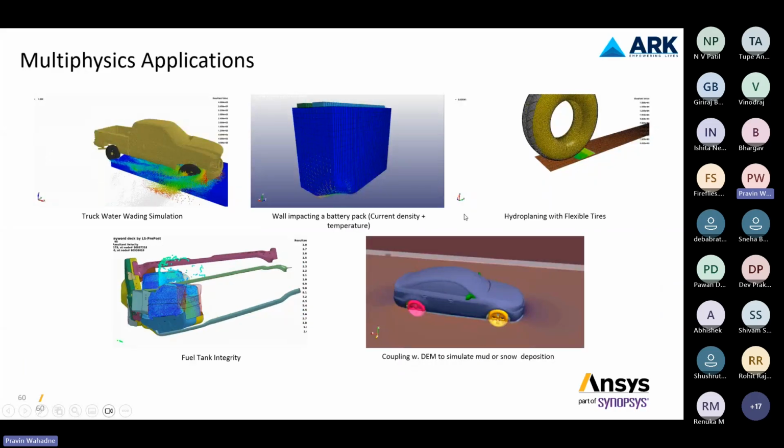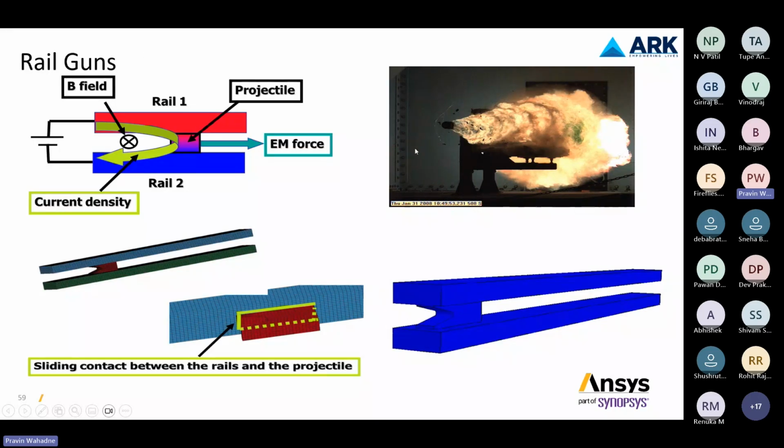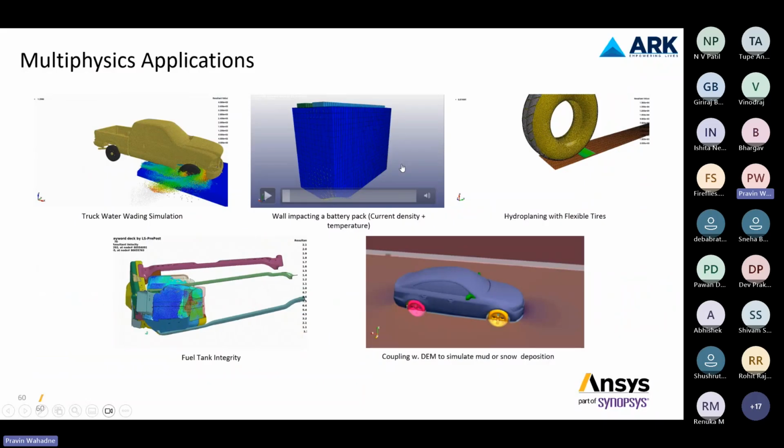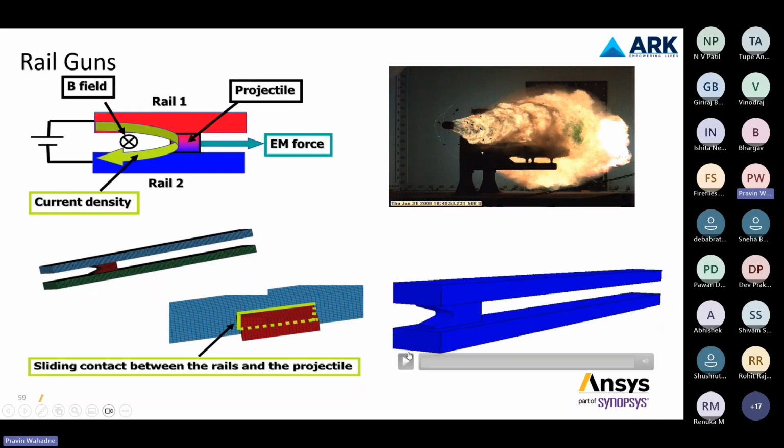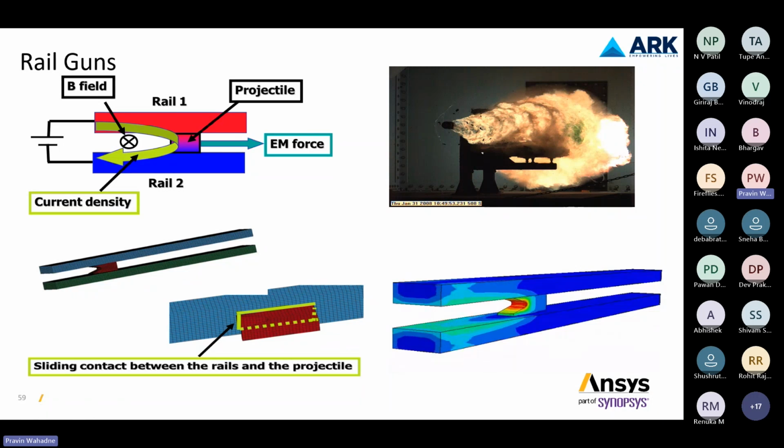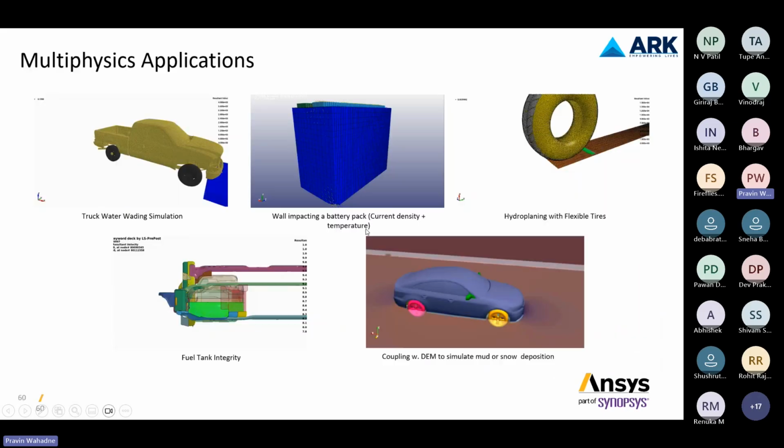Just a second. This animation is not working. It's working this way. It's for the rail guns.